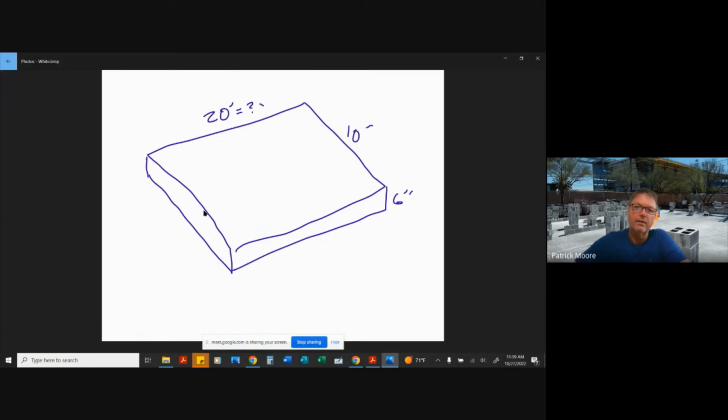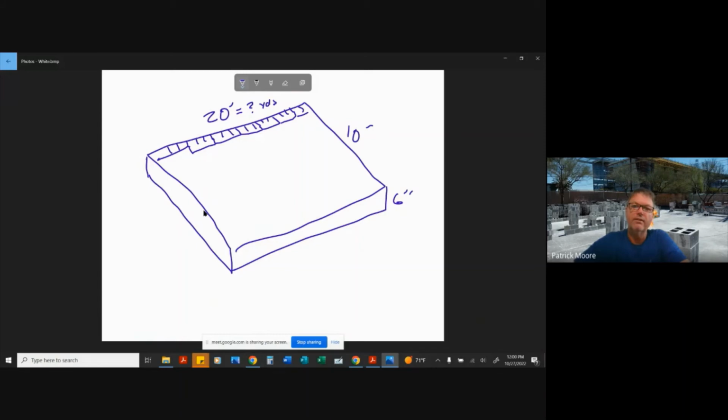Equals how many yards? Well, there's 3 feet in a yard. So if it's 1, 2, 3, 4, 5, 6, 7, 8, 9, 10, 11, 12, 13, 14, 15, 16, 17, 18, 19, 20, this many would be a yard. Then this would be the second yard, the third yard, the fourth yard, the fifth yard, the sixth yard, and then there's 2 more.